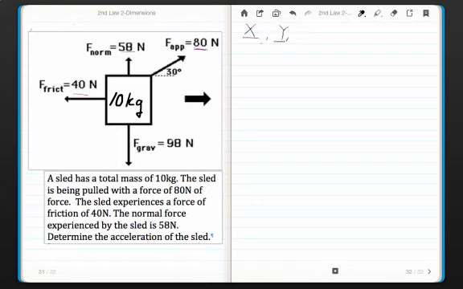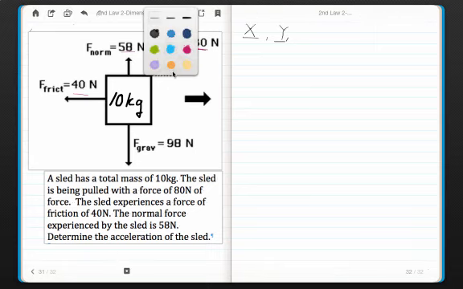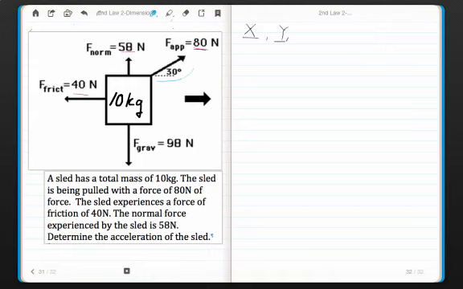So if you have a force that is going at an angle like we see over here, then what you have to do is break this force into its X and Y components. So I'll draw the X and Y components in to show you what exactly I mean.